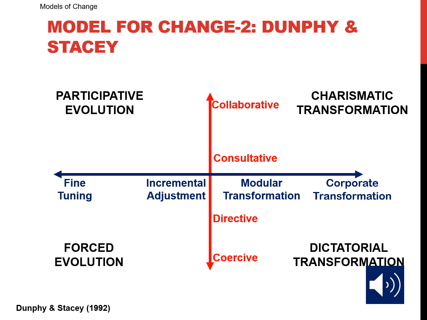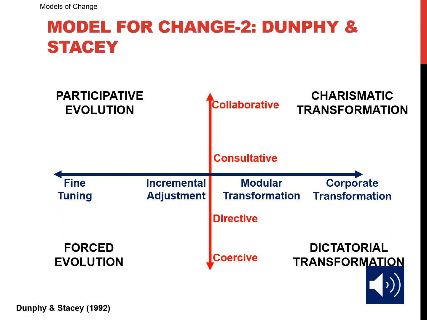And finally, the last style of implementing projects is what we call dictatorial transformation. Dictatorial transformation is similar to charismatic transformation in that the project involves large changes in the whole organization. It's a large project, but there's no support of key people or main stakeholders.